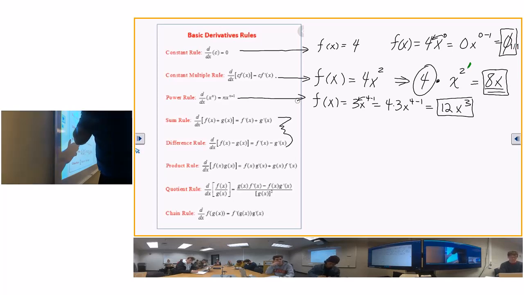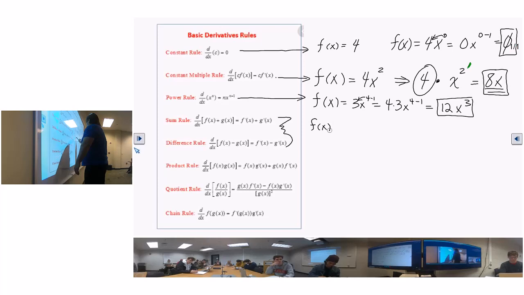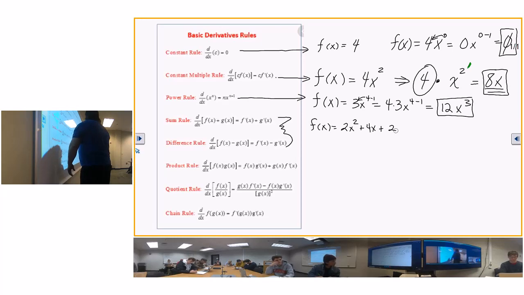One's got a plus, one's got a minus. So I'm going to give you two examples here. F of x is equal to 2x squared plus 4x plus 2. I can break this up into three separate terms and take the derivative of each.